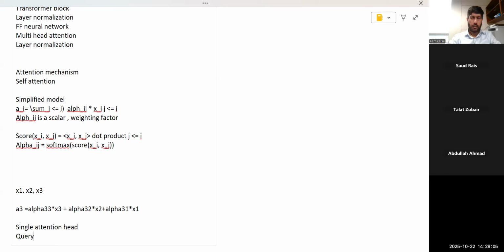These concepts are somewhat not very intuitive, although people have related them to database theory. You can relate them, but I don't think I need to go into that. It's better to just go straight to the equations.